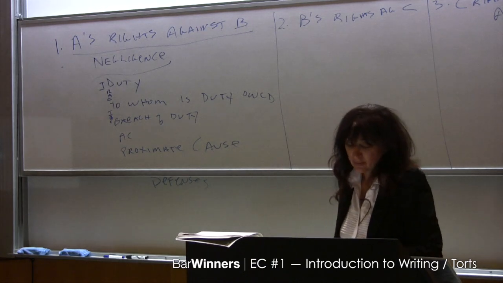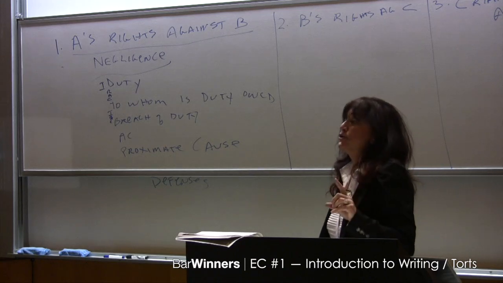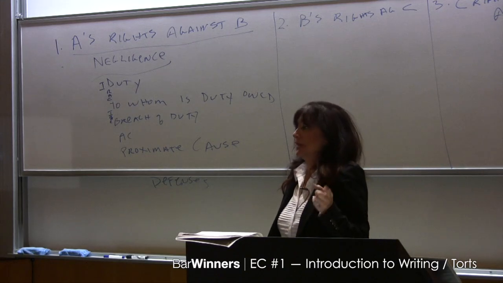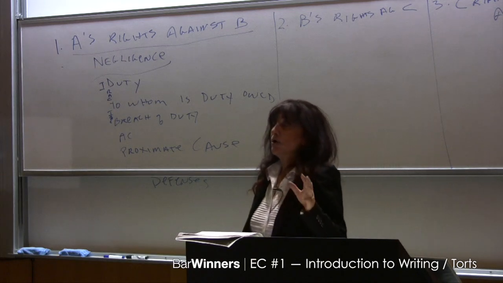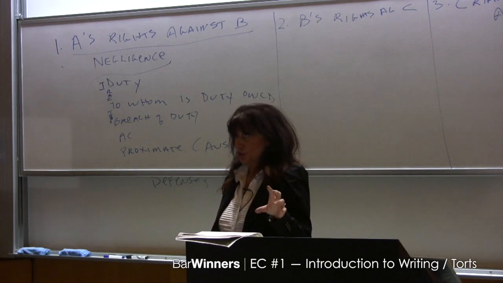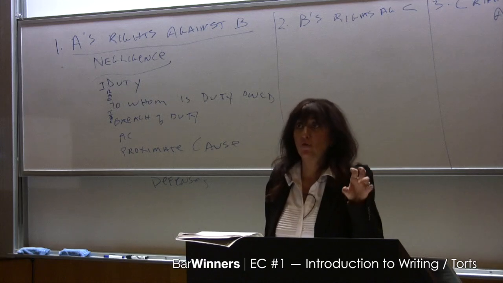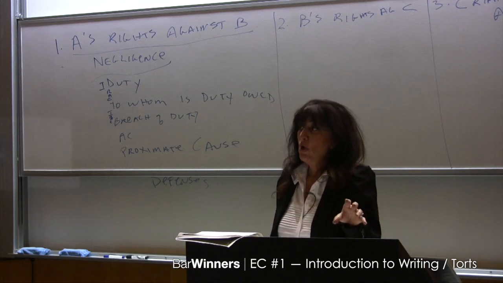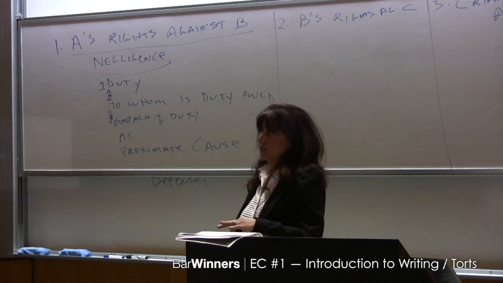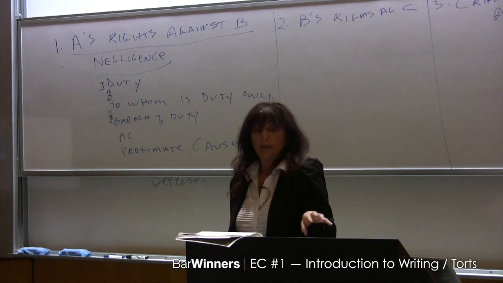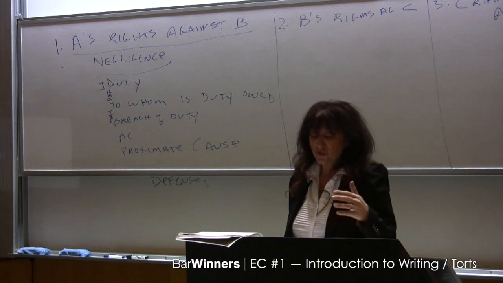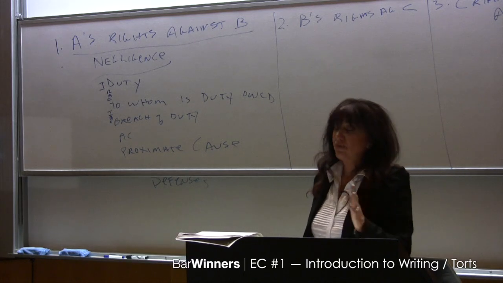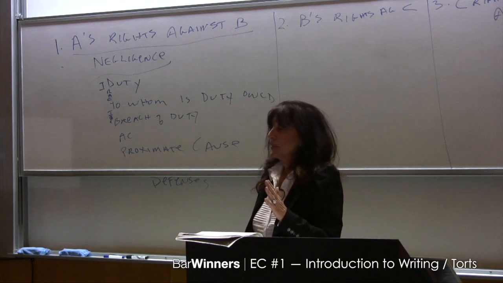Now, intentional interference with business relationships. These are the gateway torts to remedies crossover questions. We're going to discuss remedies crossovers at a different class, but the reason these torts are so heavily tested and so important is interference with contracts.